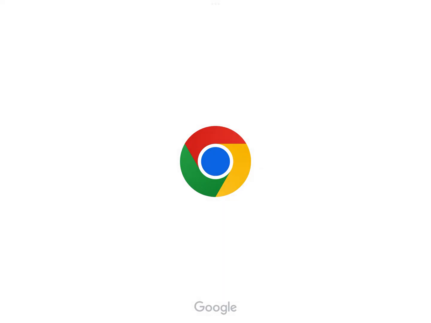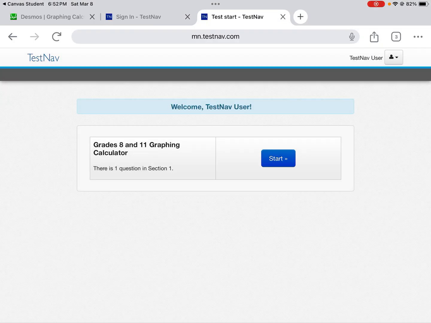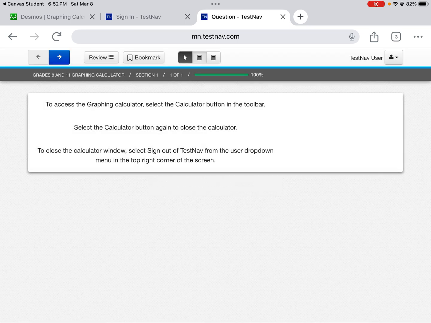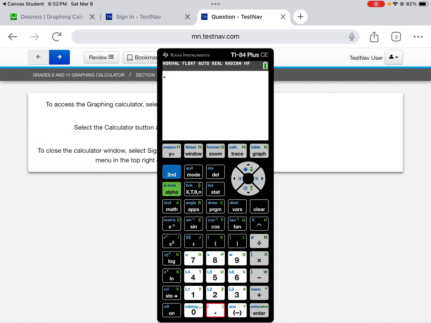I would type in on the calculator 0.5, math, arrow up twice, and I type in a 2, and I type in 130, and I hit enter.